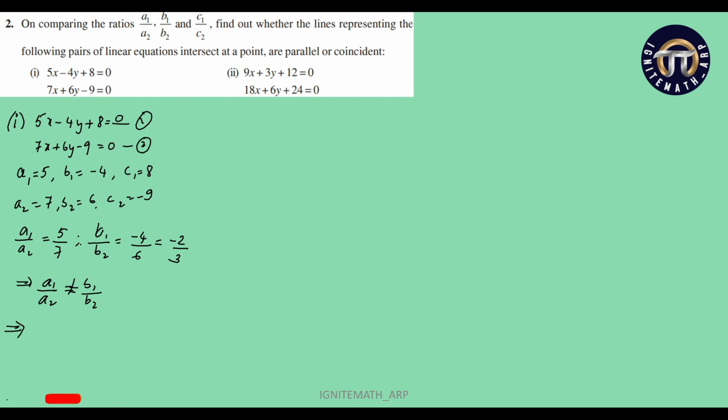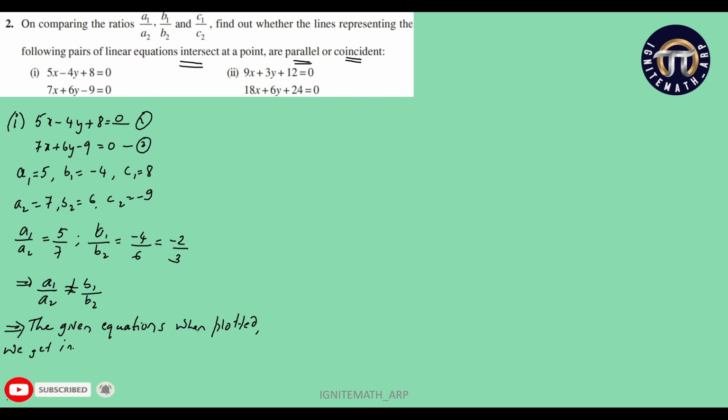Since they are asking whether the lines are intersecting, parallel or coincident, just write down: the given pair of equations, when plotted, give intersecting lines. Intersecting lines means we are getting a unique solution and a consistent solution.